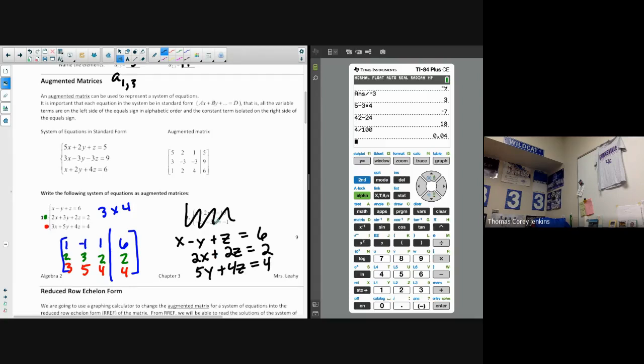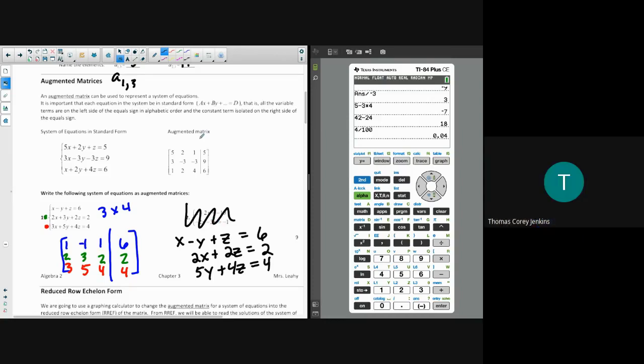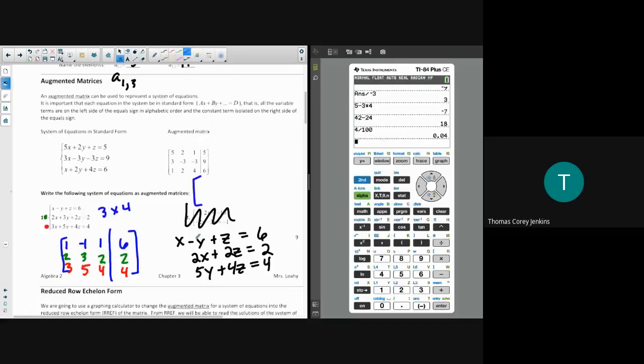I'll go pretty quick, not to take too much time. It's kind of like an extra example. You would have to enter this matrix as, and I do think there's something like this on the test, so pay attention here. So 1, -1, 1, 6, the same first row. Second row here would be 2, it's 2x.